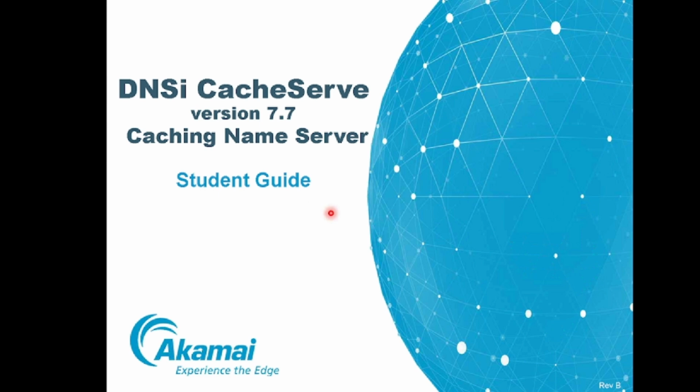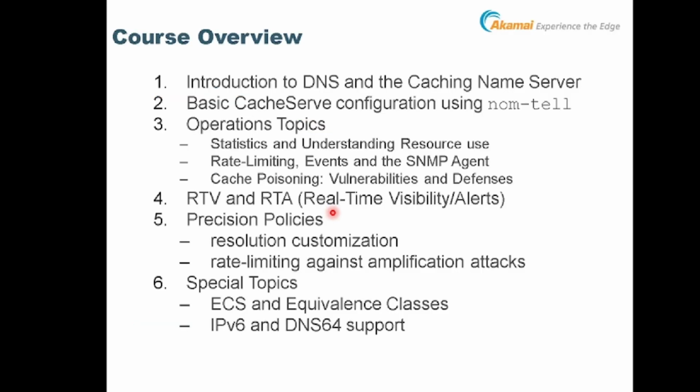So let's begin with an overview of the course. We will spend a very short time introducing the DNS and where a caching server lives in the overall public internet DNS service.